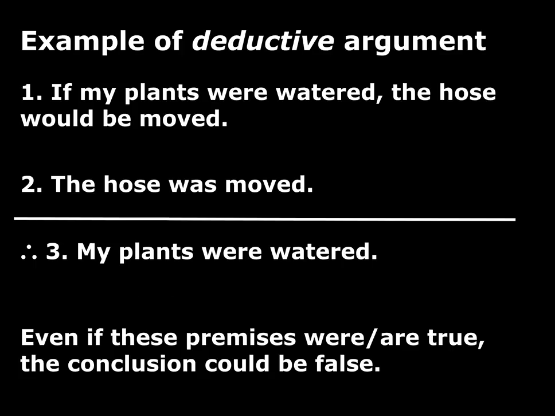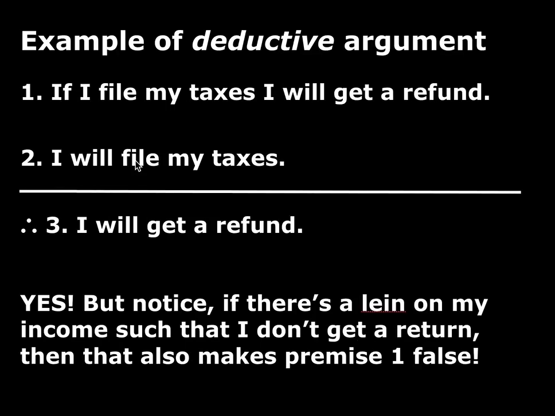Now, one thing I want to point out, I said that we can assess this question whether the premises in fact are true or not. So let's go back to the taxes argument again. This passes the test. I tried to convince you that if these premises are true, the conclusion has to be true. Notice you don't know whether these things actually are true or not. You don't know if it's true that if I file my taxes, I get a refund. Maybe there is a lien on my income.